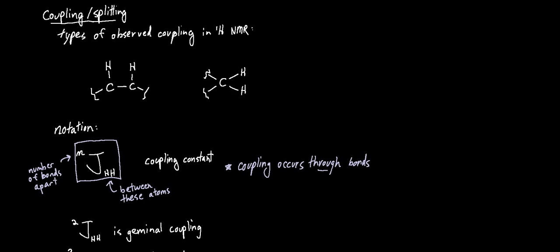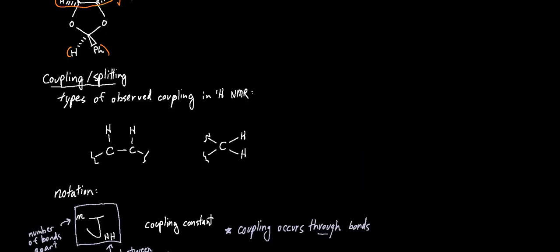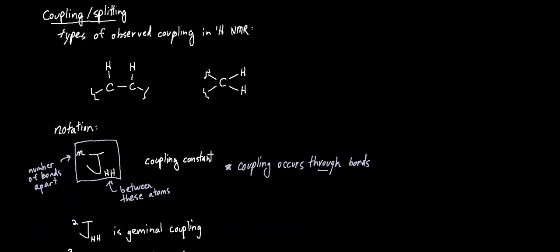Coupling and splitting. 2 main types of observed coupling in proton NMR. So what we see here is coupling, and coupling takes place through bonds, not through space. And what we see here is called vicinal coupling. That's the most common.